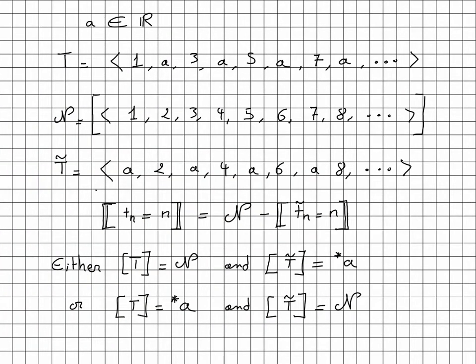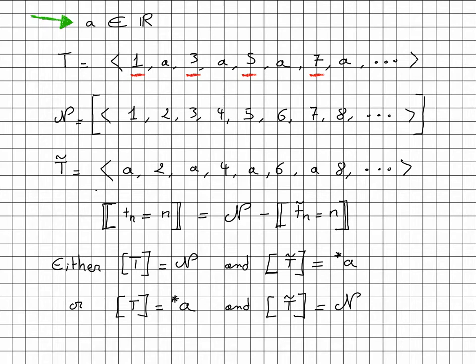So in the previous example, the equivalence classes of t and t tilde were limited numbers, but this doesn't have to be this way. Let's, for example, define a as a real number, and we construct the sequence t as a succession 1, 3, 5, 7 with a between each element.